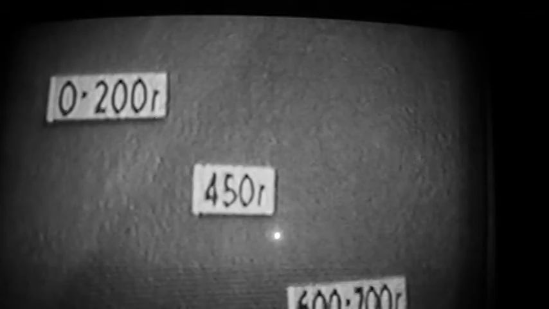If the exposure is increased to about 450 Roentgens in a 1 or 2 day period, then all those so exposed will probably be quite sick, and approximately half of them will die. 600 or 700 Roentgen exposure, whole body exposure, 1 or 2 days, would kill just about everyone exposed. Remember, as these same exposures are spread over longer periods of time, the effects of the exposure become less serious.